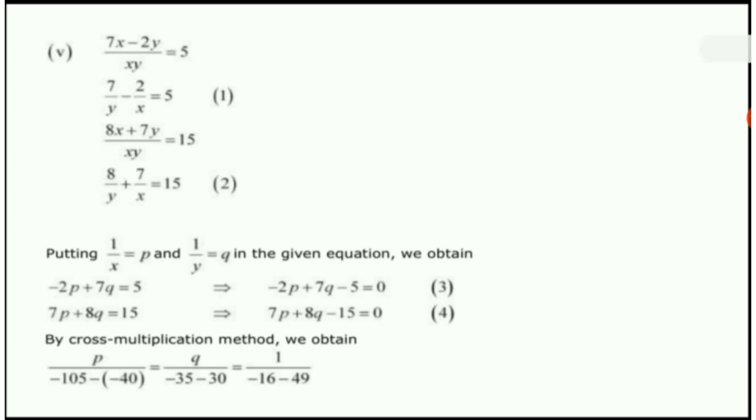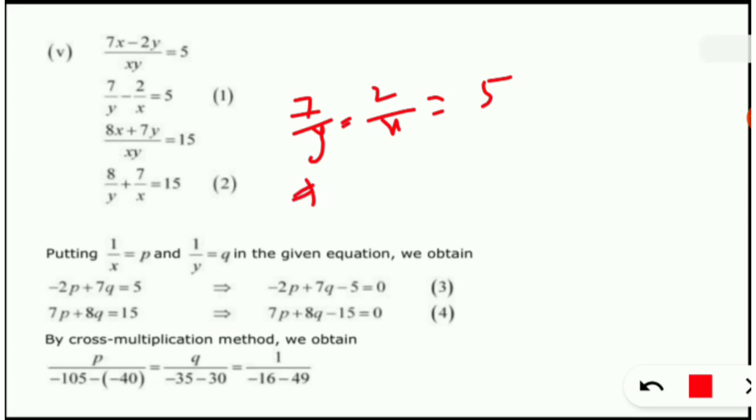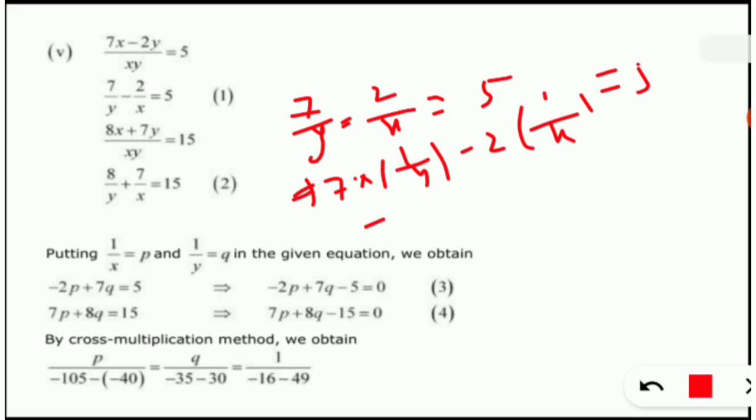Clear? So the first one is 7 divided by y minus 2 divided by x equals 5. This can be written as 7 into 1 by y minus 2 into 1 by x equals 5. Here we assume 1 by x equals p and 1 by y equals q.